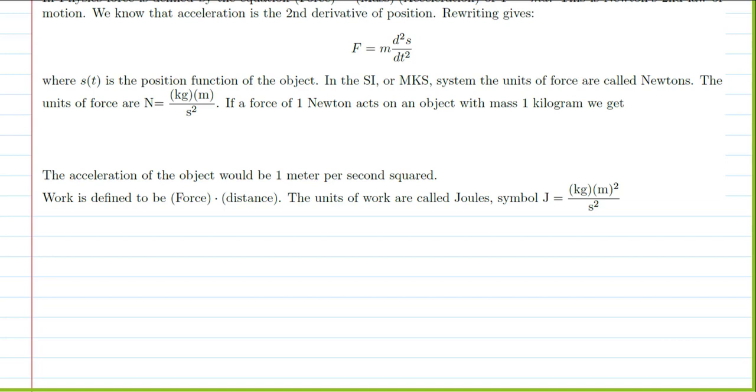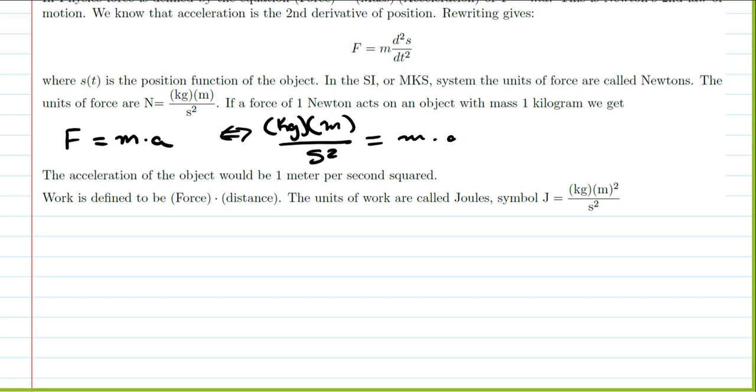So let's actually fill this in. We know force is equal to mass times acceleration, and we know that our force is measured in newtons. So if our newtons are kilograms meters per second squared, that is equal to mass times acceleration.